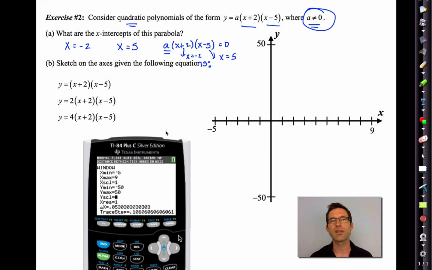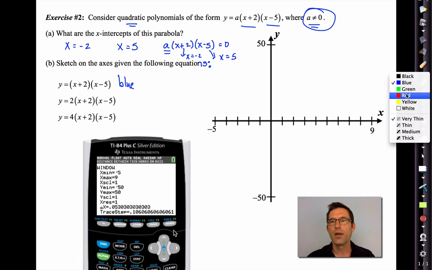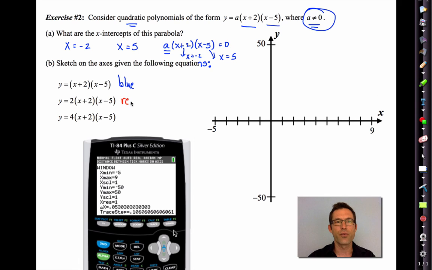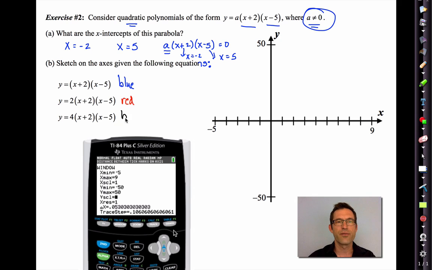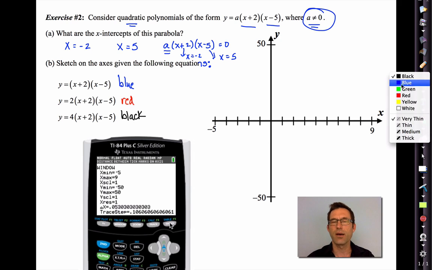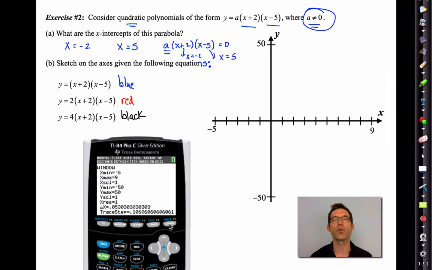Keep in mind that at least on my graphing calculator, when these graph, the first one is going to graph in blue, the second one is going to graph in red, and the third one is going to graph in black. All right, so that's the way I'm going to trace them out. I'm sure rather poorly, but let's hit the graph button.